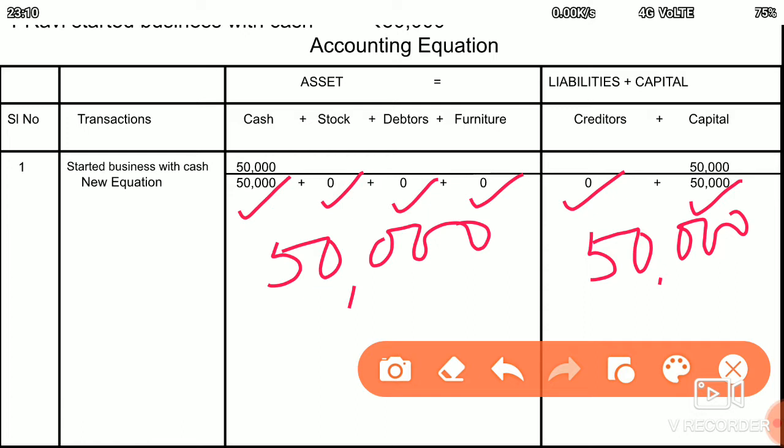Now from here we can understand that our sum is correct because both the sides are equal. If both the sides are not equal, then we should understand that there is a mistake while filling up the assets or the liabilities or the capital. So we need to check that. After getting a new equation every time, we should always check that the assets are equal to liabilities plus capital.